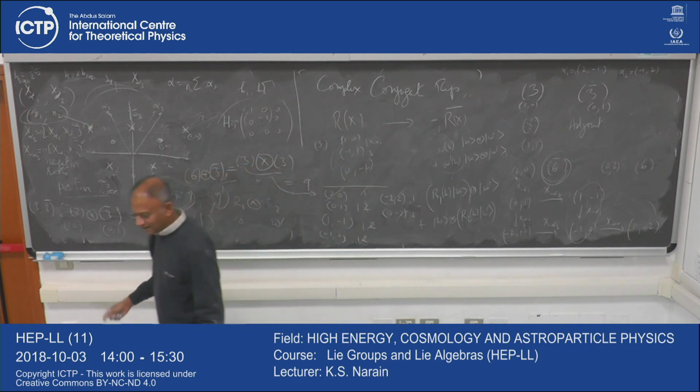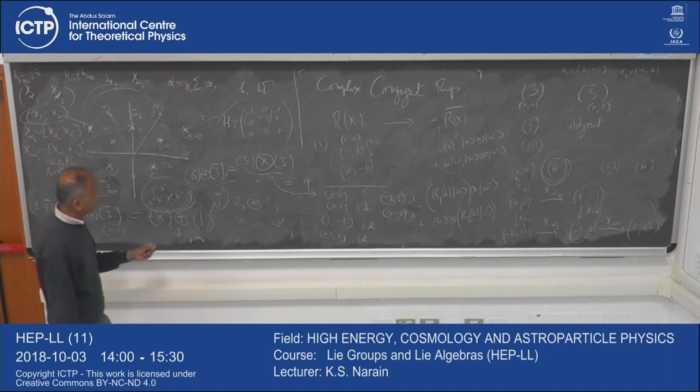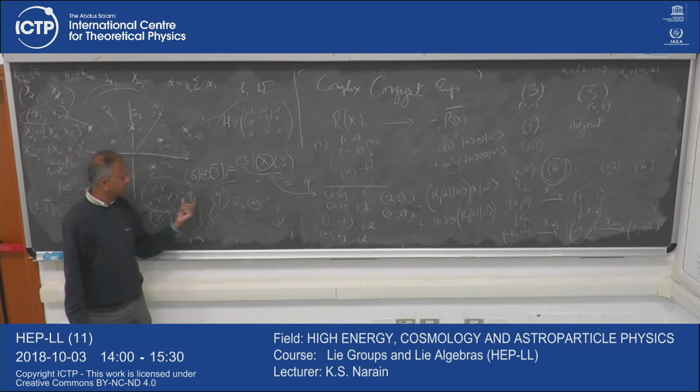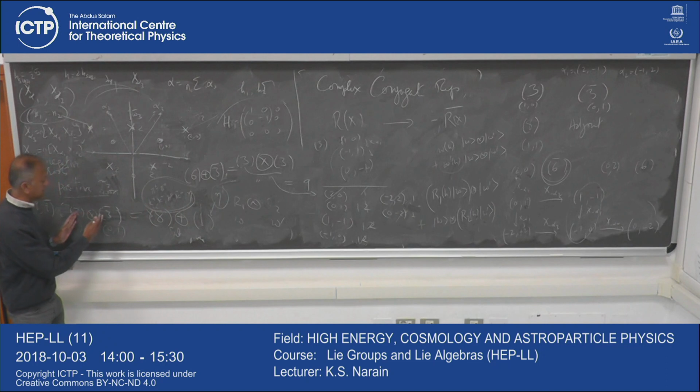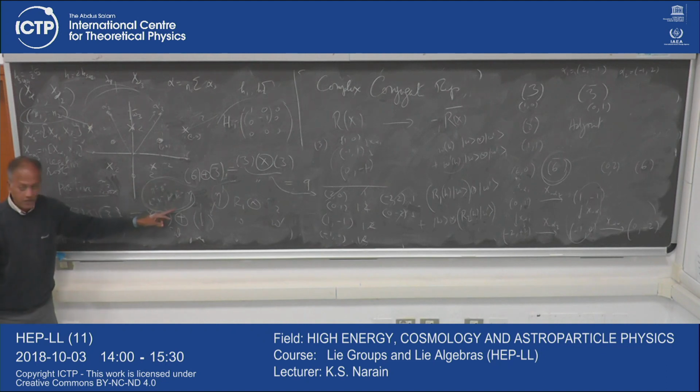And then there was a puzzle for a long time that this was behaving in a very different way. Strictly speaking, their masses are different. U, D, and S, their masses are not the same, so you don't expect all of these to have the same mass. It's not an exact symmetry, it's an approximate symmetry.